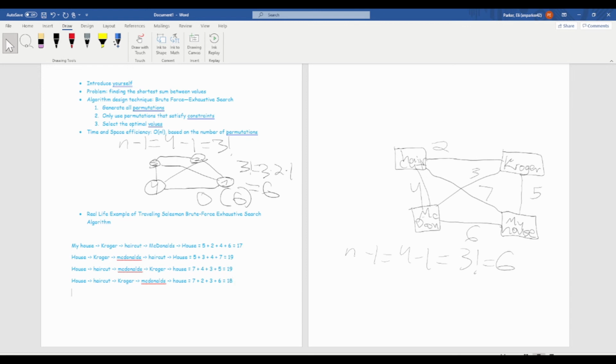Then the fifth permutation would be house to McDonald's first, then haircut, then Kroger, then house again. That would be 6 plus 4 plus 2 plus 5, which comes out to 17.